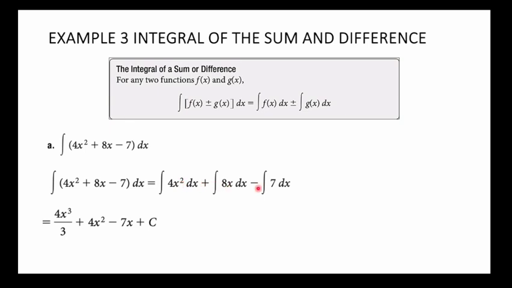Then when I find the integral of 8x, we're going to get 4x squared plus C2. And then this will give us 7x plus C3. Because all of those C's, C1, C2, C3, are all just arbitrary constants, we don't know what they are, we can just add them together as one and call it C. So we have just one arbitrary constant, and that is what we have right here.